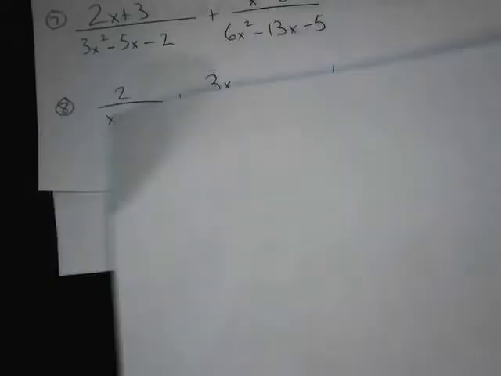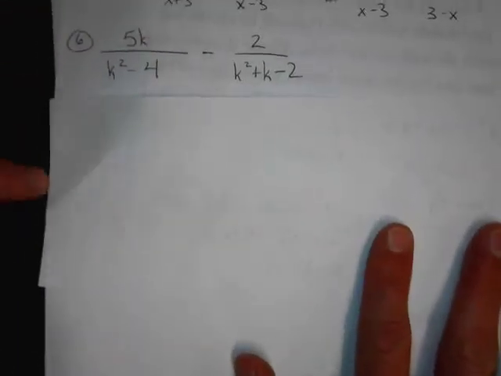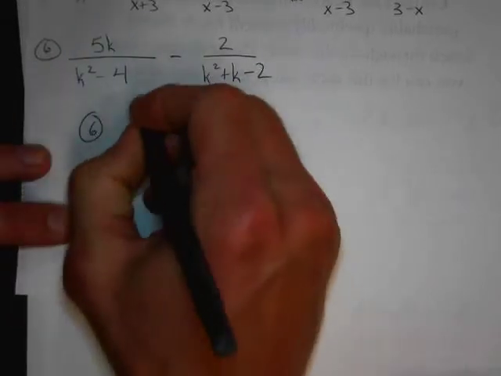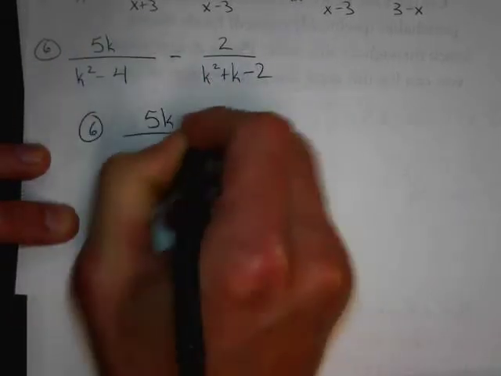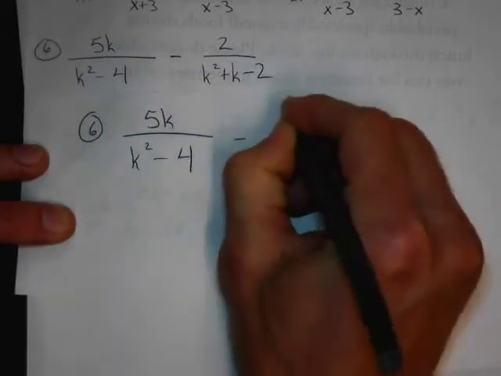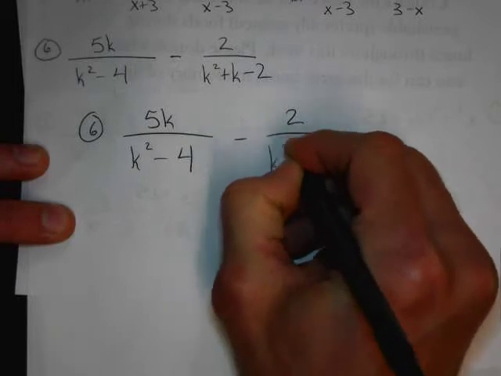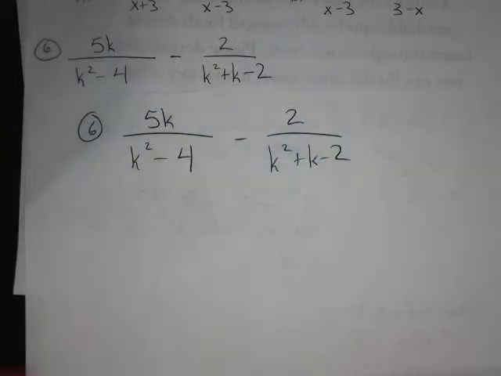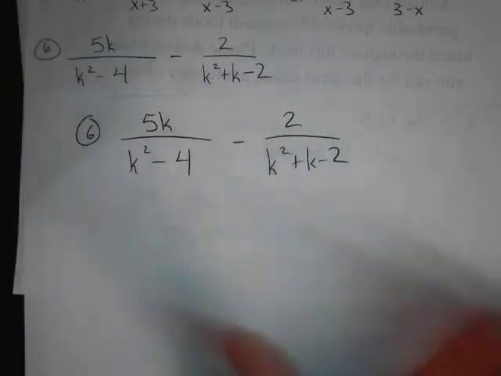Now, why would I bring that up? Take a look at number 6. That's why I would start to bring that up, right? How can I tell what these denominators are missing, right? I can't tell what these denominators are missing from one another because they're not showing multiplication, right? So, darn this denominator. I don't know what I'm missing in my denominators.